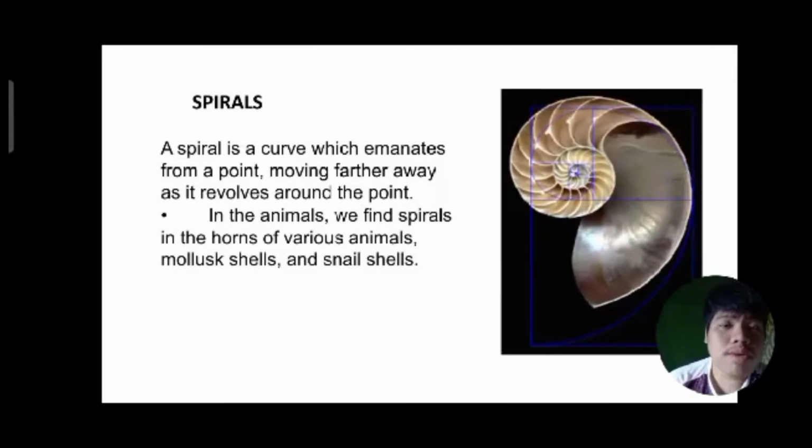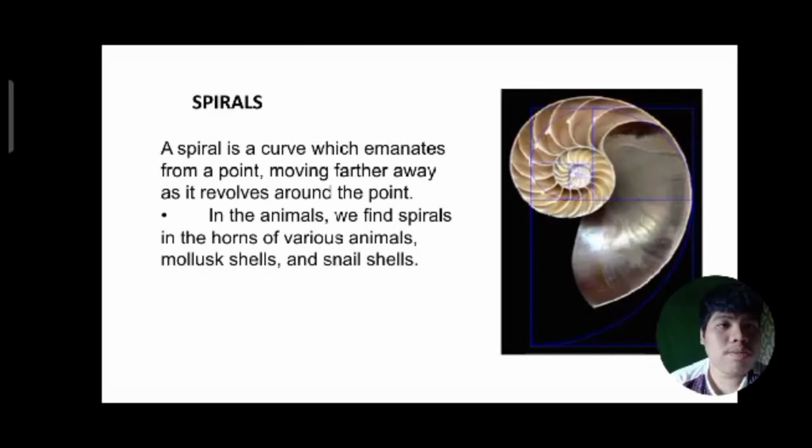The next pattern we have is spirals. A spiral is a curve which emanates from a point, meaning it comes out, moving further away as it revolves around the point. For example, a shell.